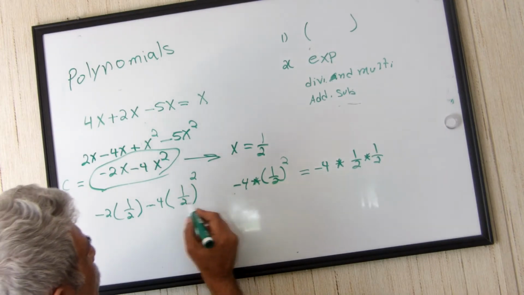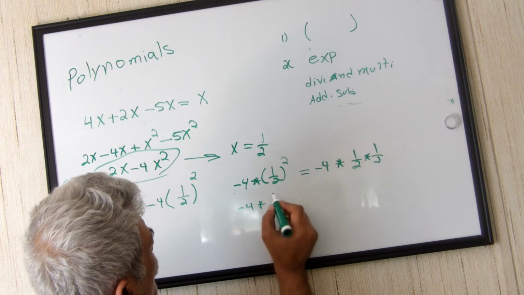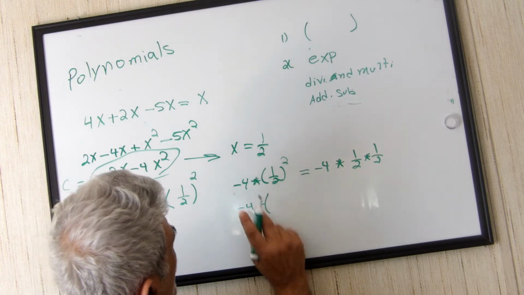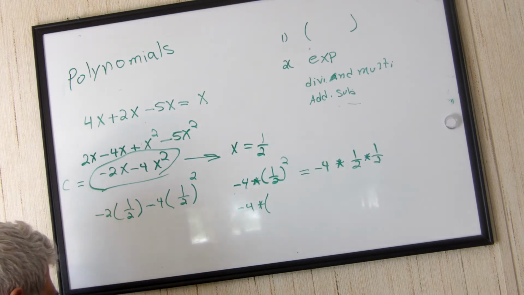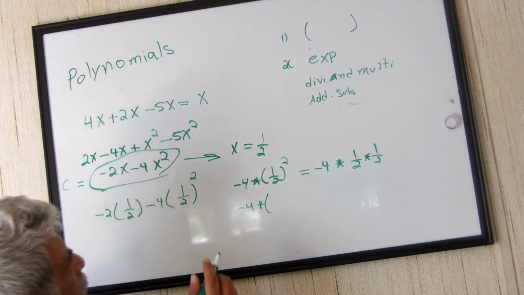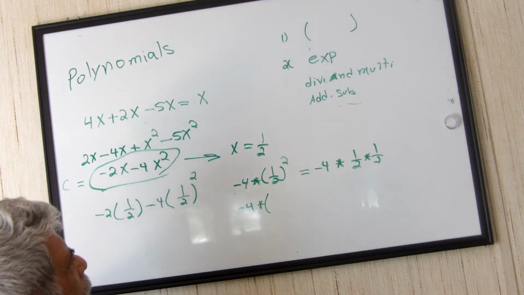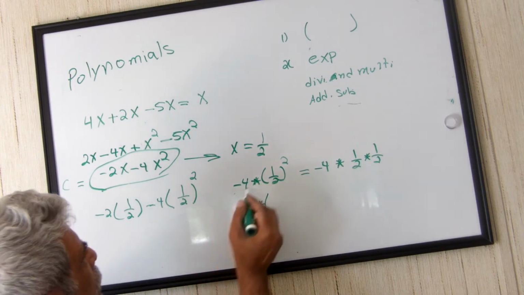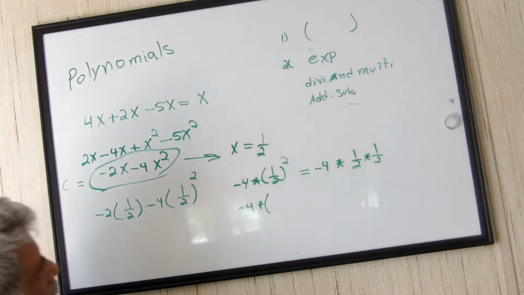So minus 4 times, always look at the sign, and also what kind of thing you want to do with it: multiply it, add it, subtract it, whatever.